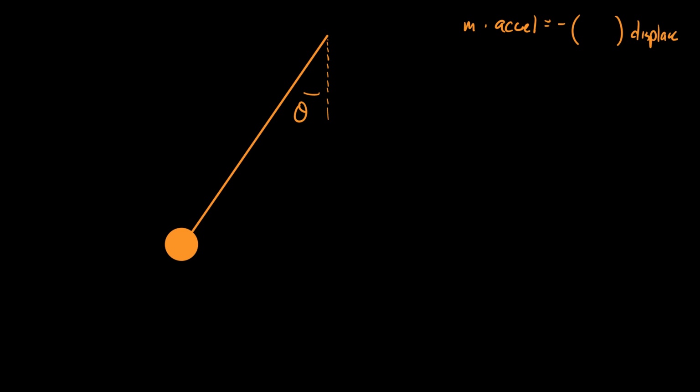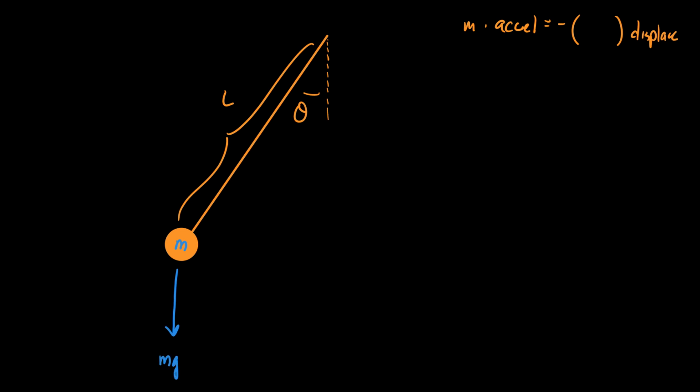So I have the mass at the bottom there. It's got a length of L. I want to take a look at how this system behaves. What force causes the pendulum to swing? Gravity. Gravity is acting this way on the pendulum, mg. There's 2 ways to approach a pendulum.